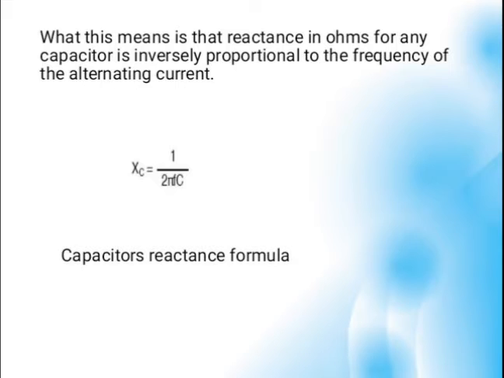What this means is that reactance in ohms for any capacitor is inversely proportional to the frequency of the alternating current. So this is the capacitor's reactance formula. Xc is equal to 1 over 2 pi f C.